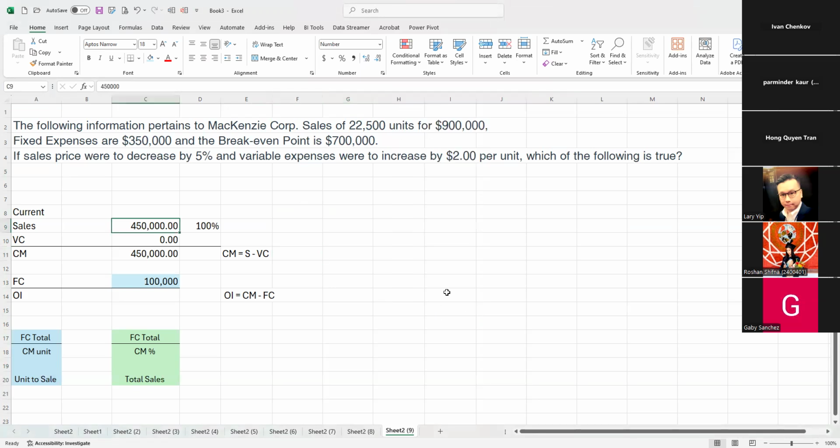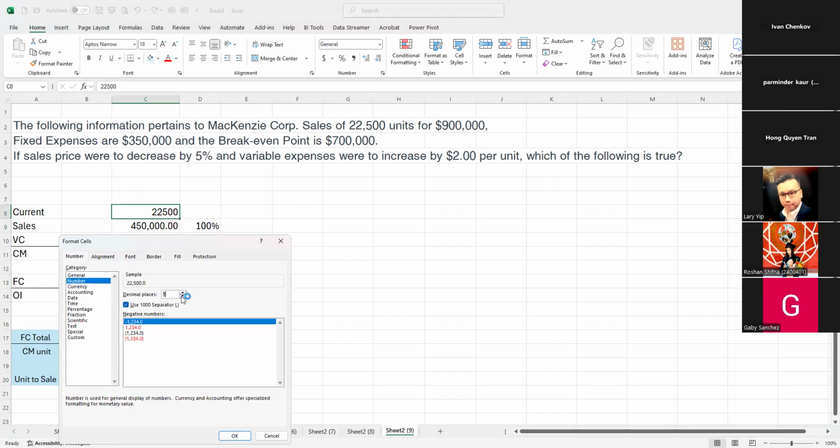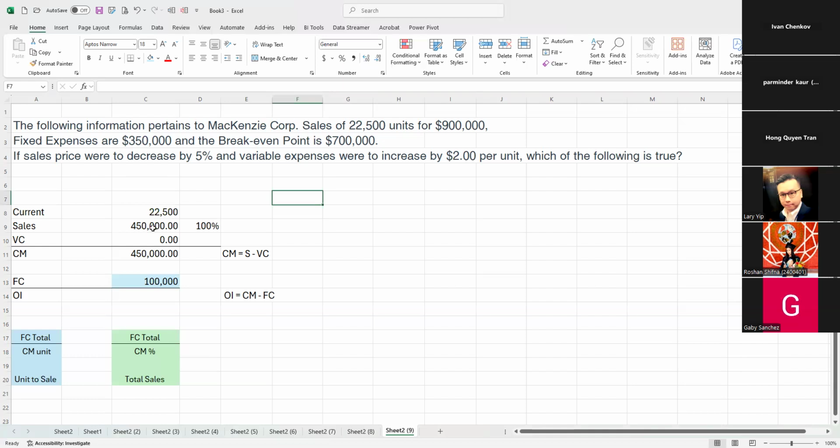So what we have currently, we're selling 22,500 units. That's how much we're selling, right? My sales are $900,000.